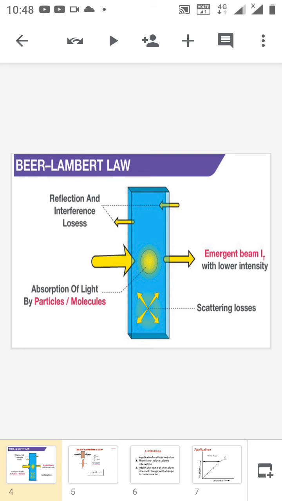So the intensity of the light coming out of the solution is decreased. How much it decreases depends upon the concentration of the solution and also the thickness of the container used for the purpose.